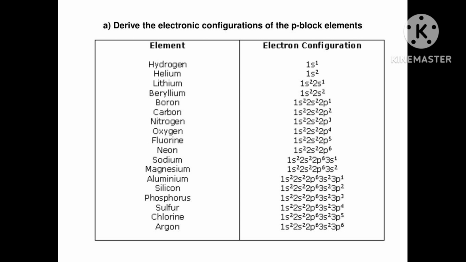The combined effect of size and availability of d orbitals considerably influences the ability of these elements to form pi bonds. A pi bond is not only due to p orbitals; it is also due to d orbitals.